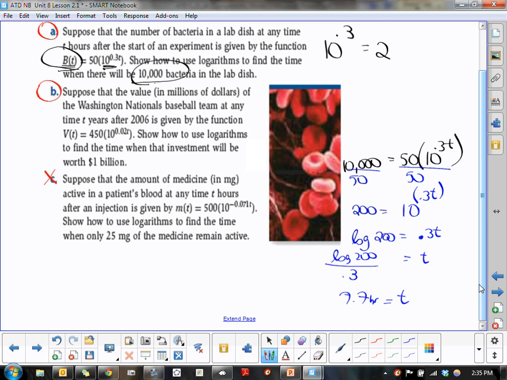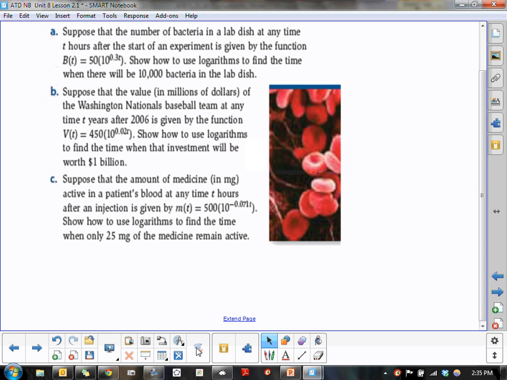There are certain problems where we need to find the exponent. Then we'll do the baseball one, and then we'll move on to other bases. This is about the Washington Nationals baseball team. Yesterday, when we read it, in 2006 that person paid $450 million for it, individual or a corporation. We wanted to know how long it would take before it was worth $1 billion.